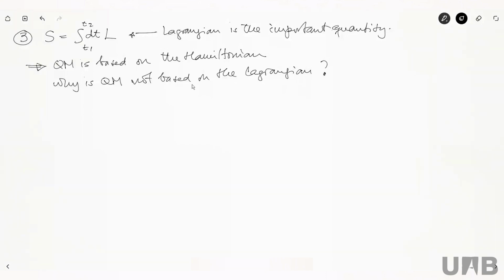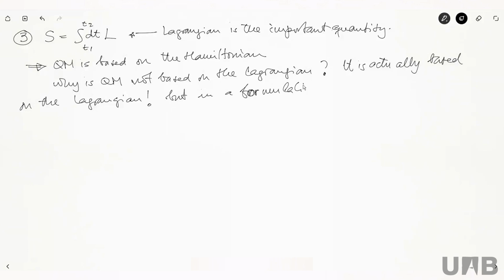So why is quantum mechanics not based on the Lagrangian? It is actually based on the Lagrangian, it is, but in a formulation which is called the path integral formulation.